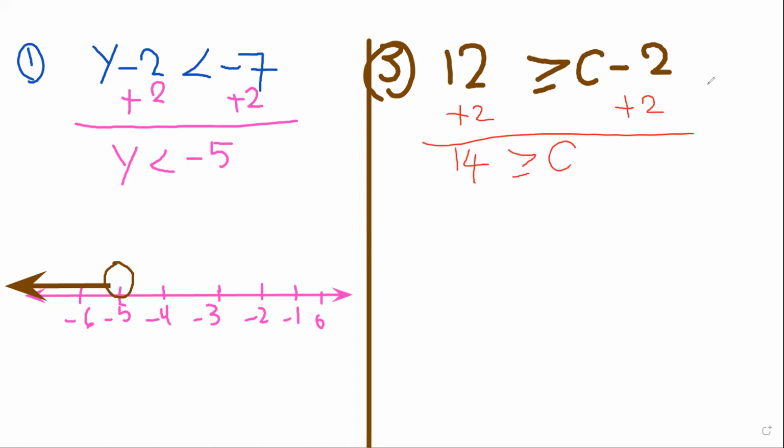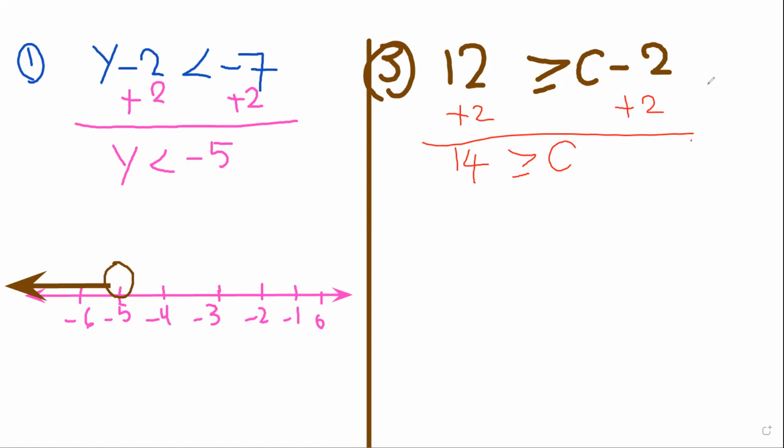Bravo. Now here, 14 is greater than or equal c. Can you rewrite it? Okay, no, I mean like to make it easy for you.